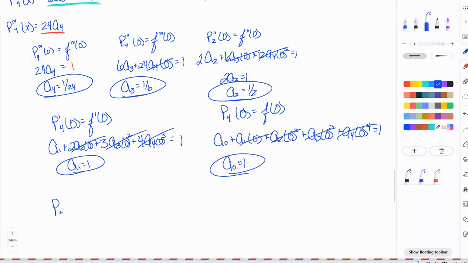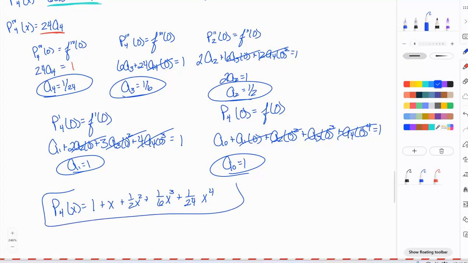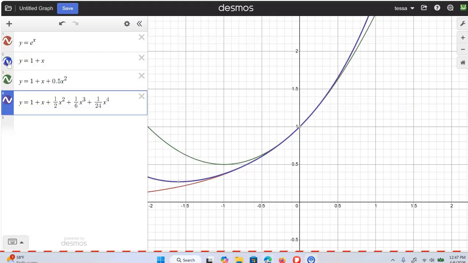So our fourth order polynomial, which should be a pretty good fit for this, would be 1 plus 1x plus 1/2 x squared plus 1/6 x cubed plus 1 over 24 x to the fourth. So if I were to look at that, that's the purple graph. My exponential function, e to the x, is the red one here.